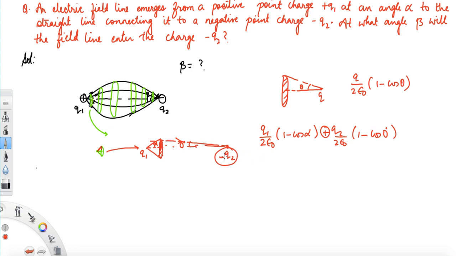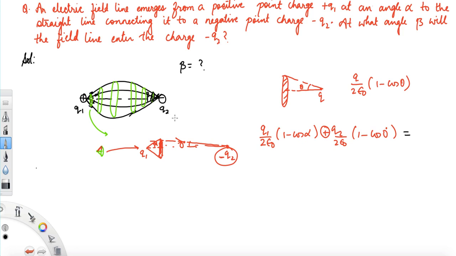It won't oppose the electric field due to q1 through this surface. Now we have to consider another cross section.